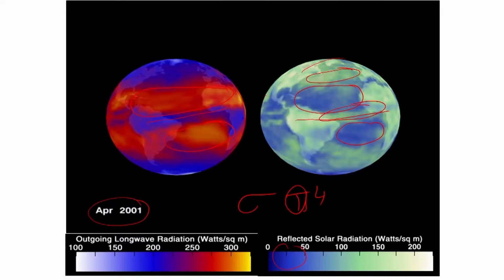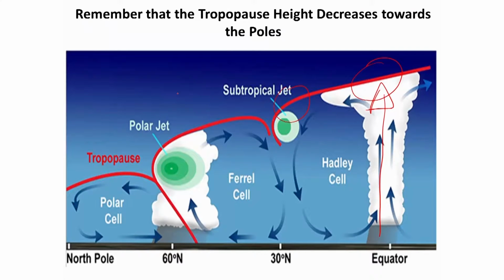So, you can see that outgoing long wave here is lower than here, which means at the top the sigma T to the 4 here is lower than here, because the clouds are rising so high that the cloud top temperature is colder.